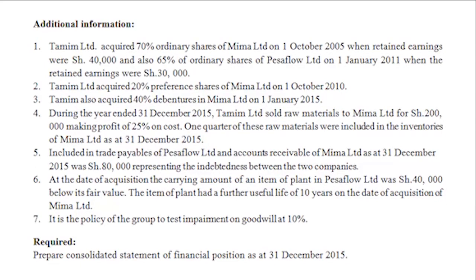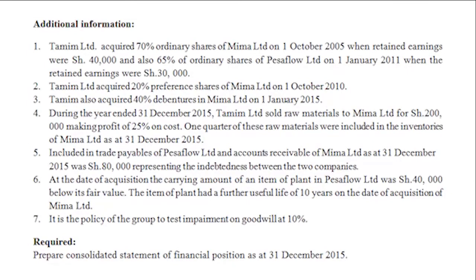5. Included in the trade payables of Pesaflow Limited and accounts receivable of Mima Limited as of 31st December 2015 was 80,000 shillings, representing the indebtedness between the two companies. 6. At the date of acquisition, the carrying amount of an item of plant in Pesaflow Limited was 40,000 shillings below its fair value.